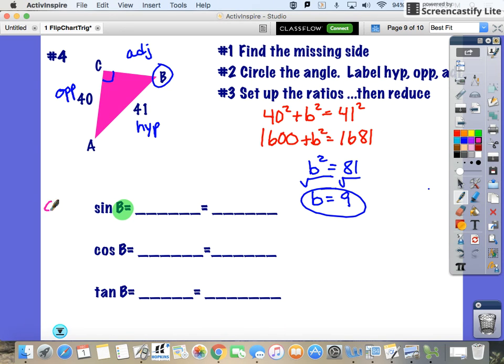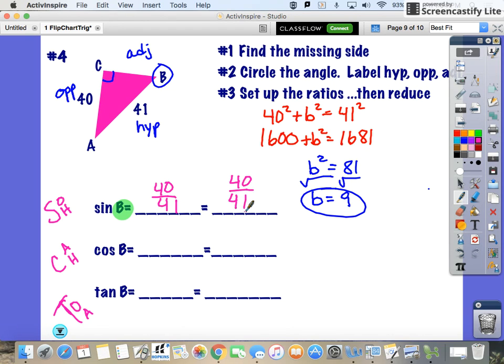So our ratio is SOH, CAH, TOA. Sine is opposite over hypotenuse, which is simply 40 over 41.